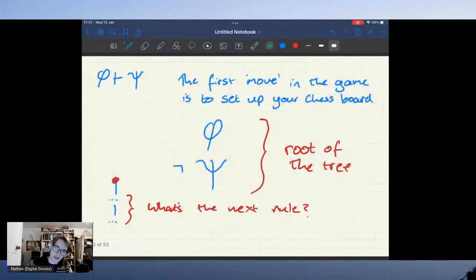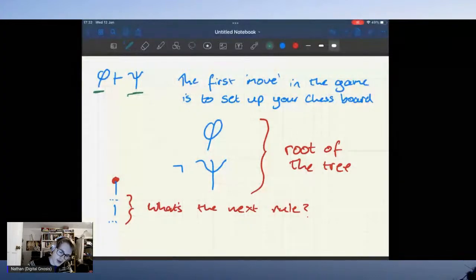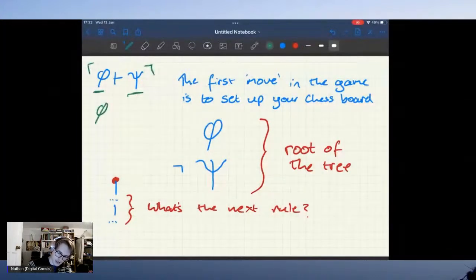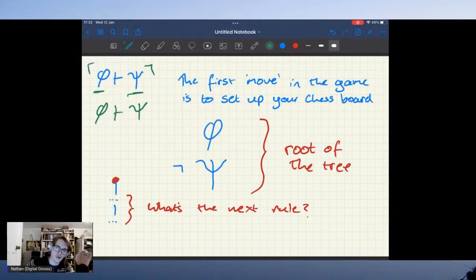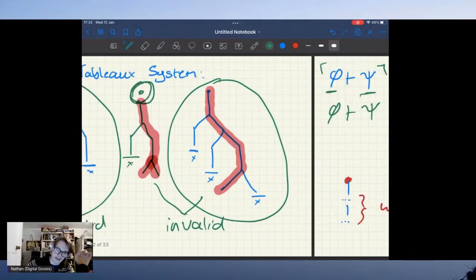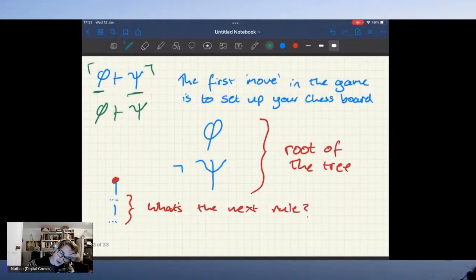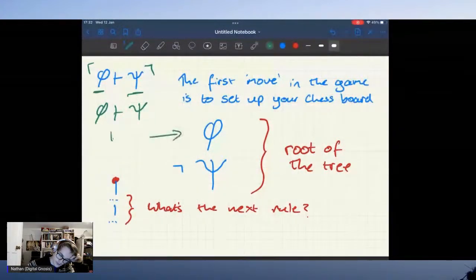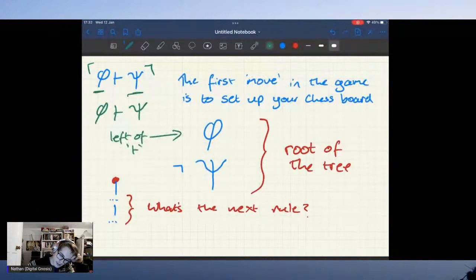Okay, so we have two well-formed formulas, phi and psi, and the sequent is phi syntactically entails psi, so that's what that symbol is if you remember it. So what our first move is in the game of building a Tableau is at our root node, we write down what's to the left of our entailment symbol.